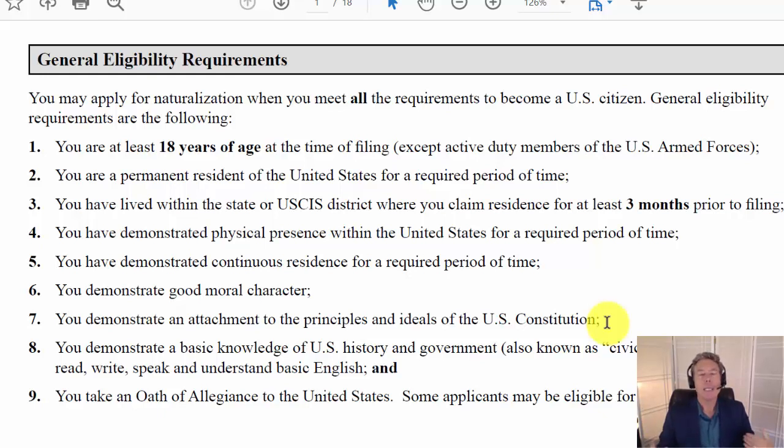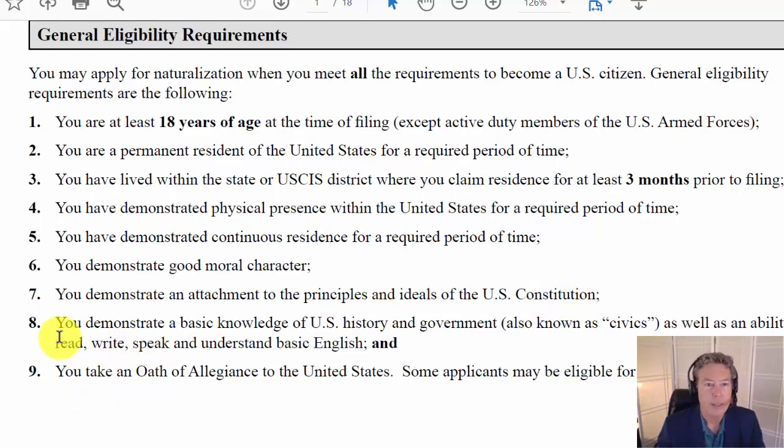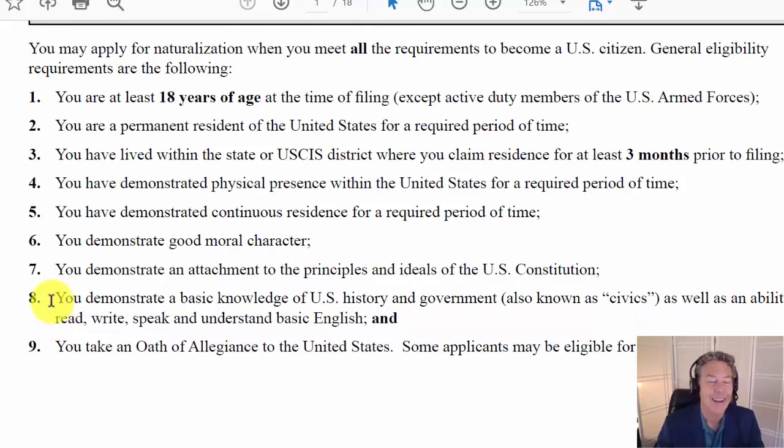So I believe in the principles and ideals of the U.S. Constitution. I like that. I want to support that, and I want to be living here because I believe in that. You have to demonstrate that. So that means you have to say that at one point or another. You got to demonstrate it. You got to say, I love America, right?